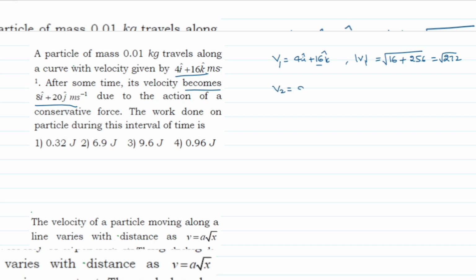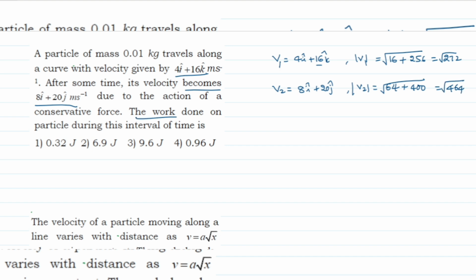So here it is given as 8i cap plus 20j cap. Now again you just calculate its magnitude, so 64 plus 400, together we will be getting square root of 464.